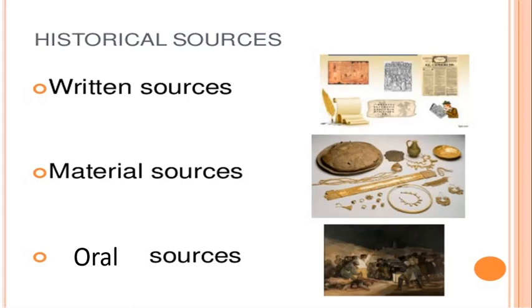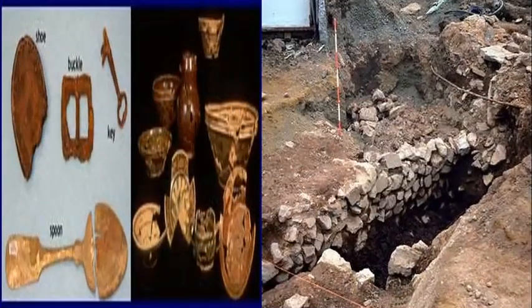History also uses the scientific method at every stage: when it collects the sources, when it studies the sources, and when it writes down the history. See, these are material sources of history.